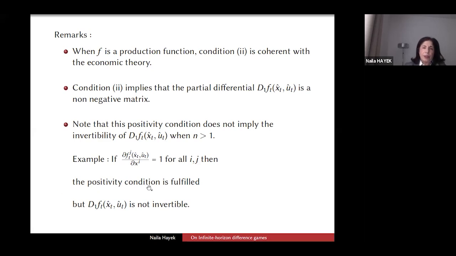Thus, the positivity condition is fulfilled. But this matrix is not invertible. If you take a 2 by 2 matrix, which has 4 ones, the determinant is equal to 0, so it is not invertible. Okay, so the positivity condition does not imply the invertibility and vice versa.